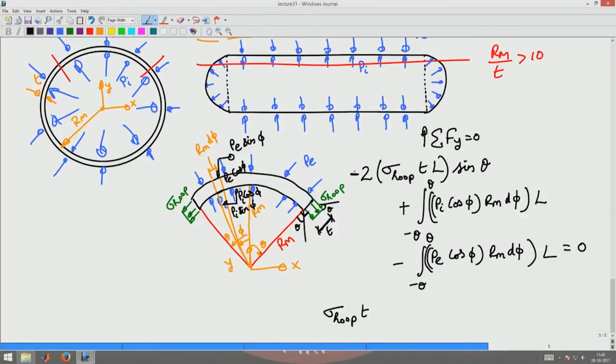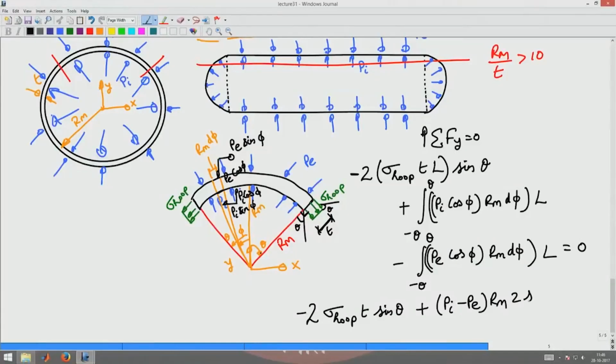So, basically I have minus 2 times OOP stress into T into sin theta, plus Pi minus Pe, I cancel the L out, Rm cos phi, if I integrate I will get sin phi, integrated from minus theta to plus theta, which would be 2 times sin theta.